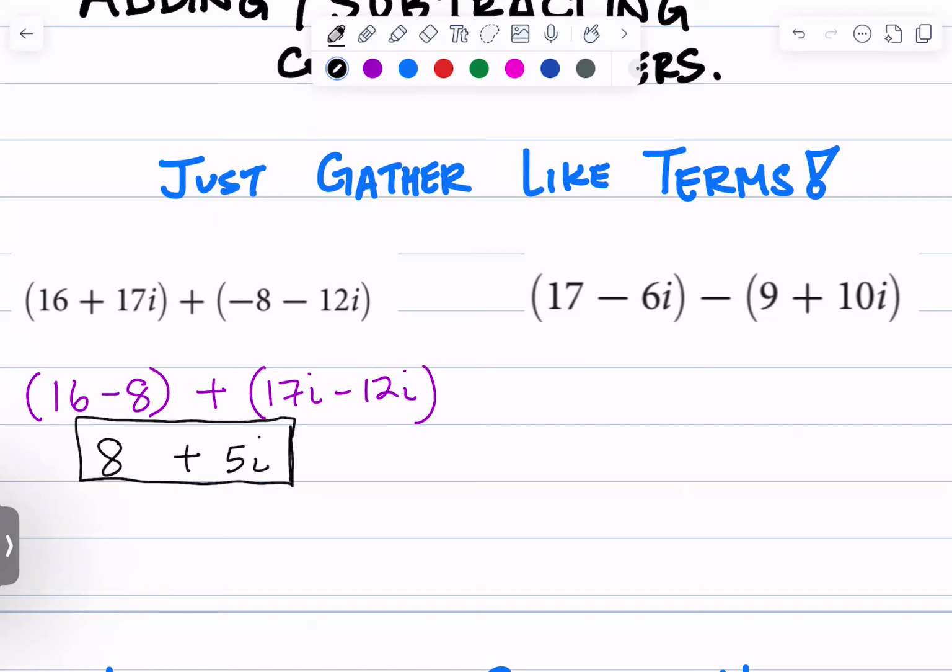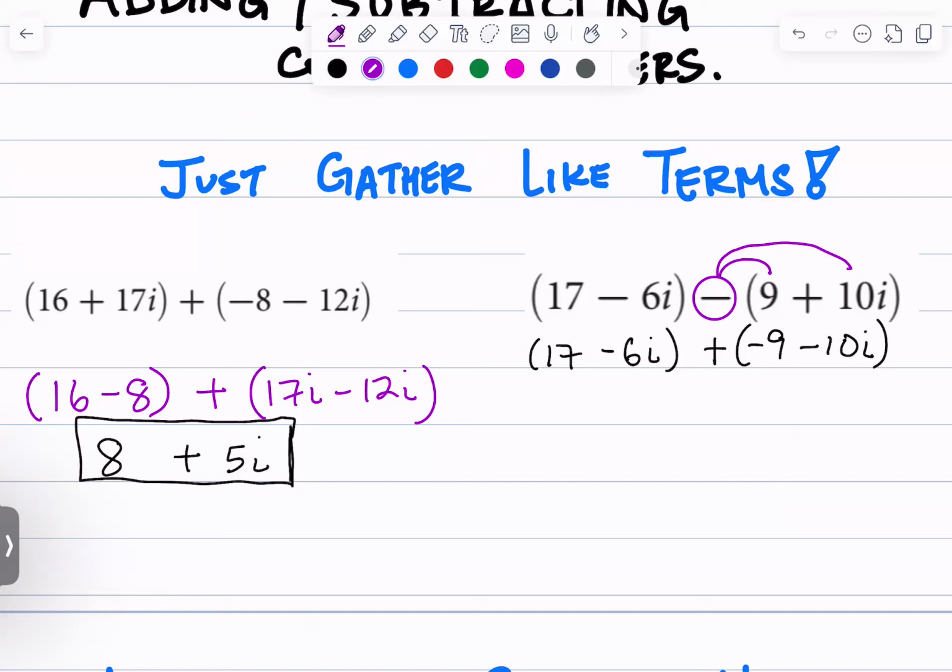Okay. So when we're subtracting, we have to remember that we're subtracting them. And what I like to do with the subtraction is get my subtraction and distribute it out. So then we have here plus negative 9 minus 10i. So I would have 17 minus 6i plus negative 9 minus 10i.